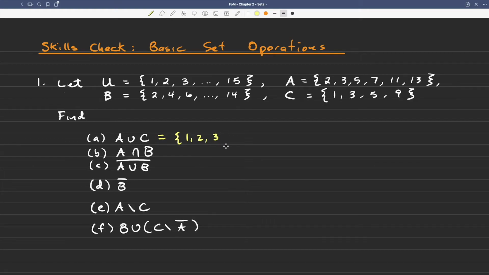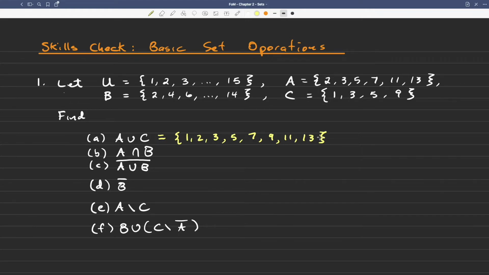I don't need to list 3 twice. In sets, you only need to list the element once. There's no 4, we get 5. 6, we get 7. No 8, we get 9. No 10, we get 11, and 13. So that's A and C combined together.